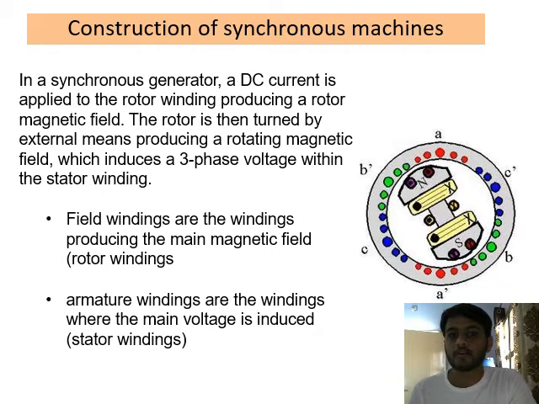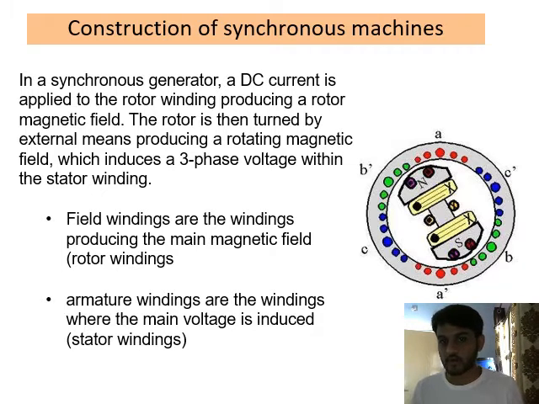A rotor is then turned by external means, producing a rotating magnetic field, which induces a three-phase voltage within the stator winding. Okay, so the difference here is that the synchronous generator is also not a self-starting machine.